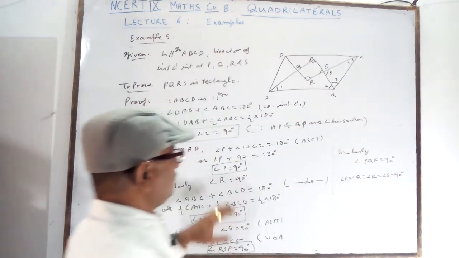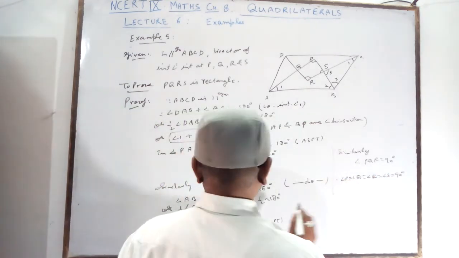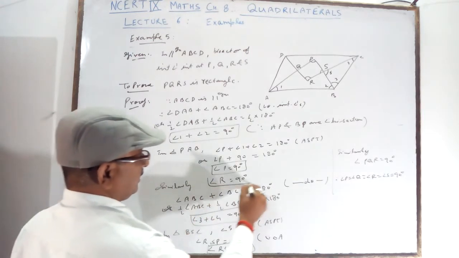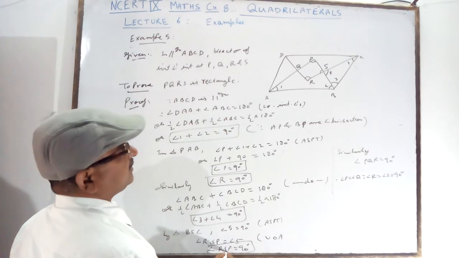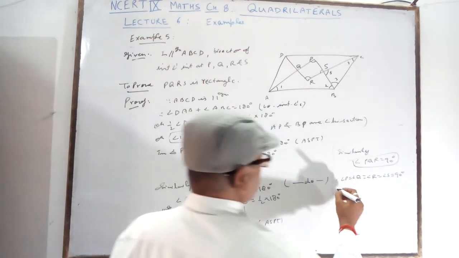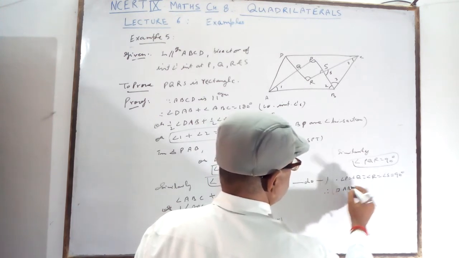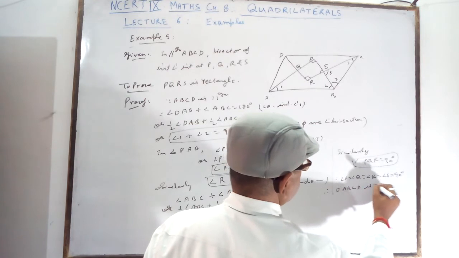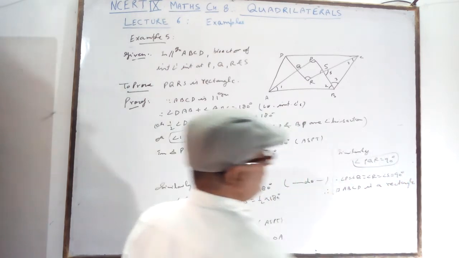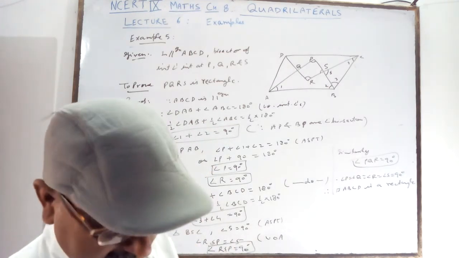We have proved this: P is 90, R is 90, S is 90, Q is 90. So quadrilateral PQRS is a rectangle. If each angle of a quadrilateral is 90 degrees, then it is a rectangle.